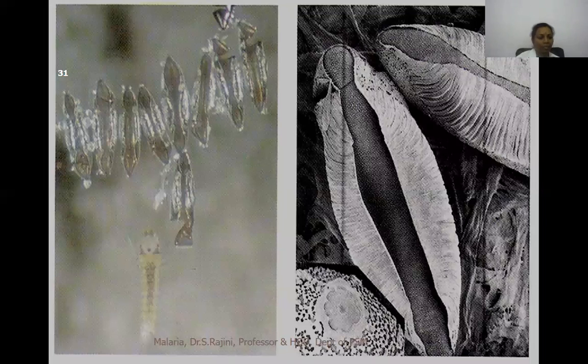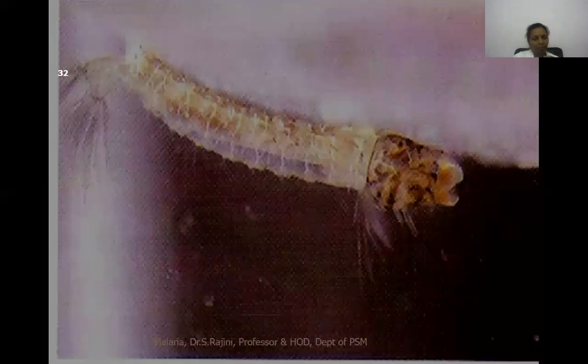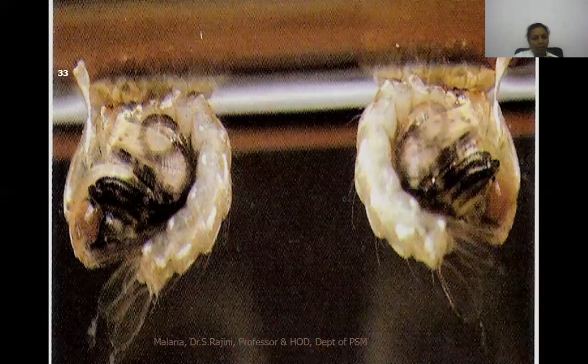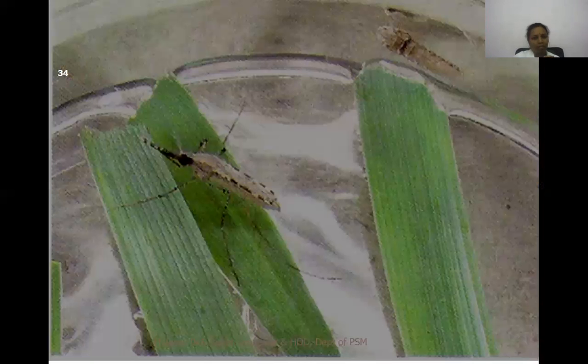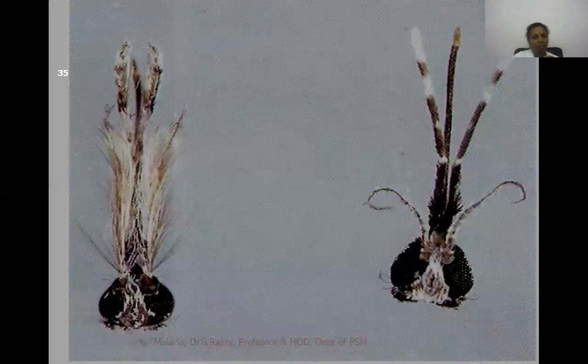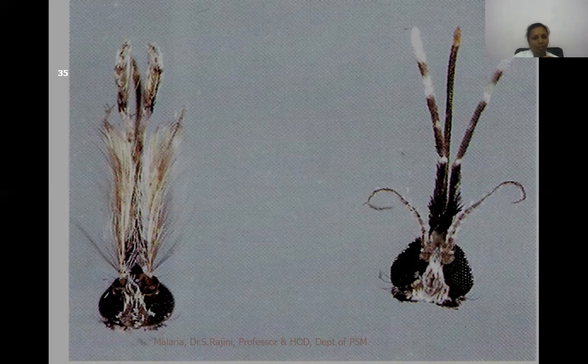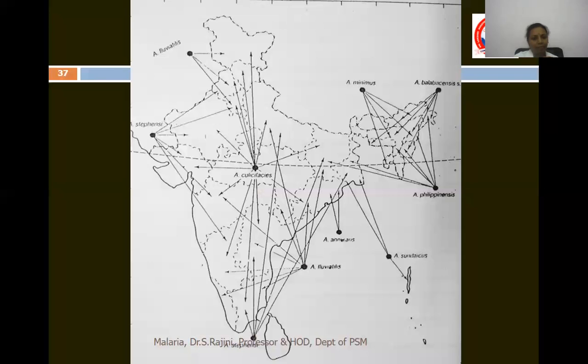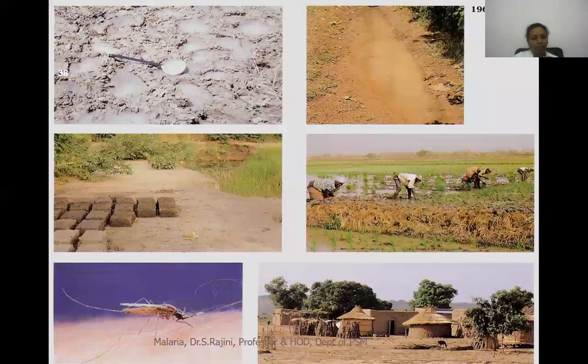Now the areas of the hospital are laid out: pupa, the mouth parts, how to differentiate between male and female mouth parts, resting habits, and what are the sources of breeding places in hospitals.